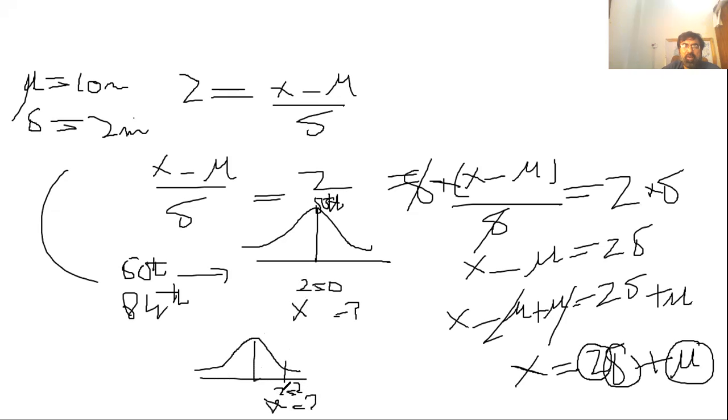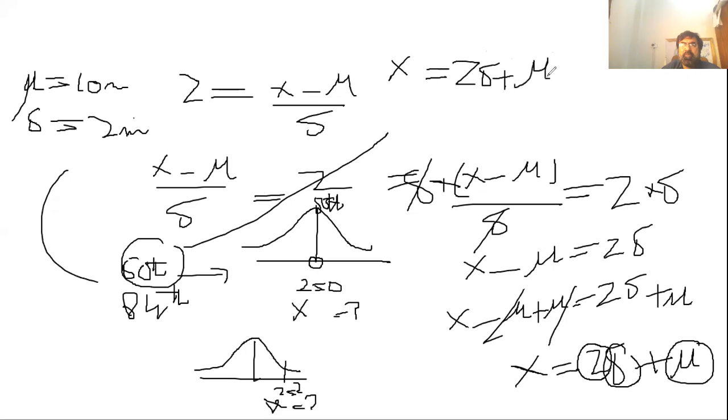So first we have to calculate the z-score. It is understood that on this midline, the z-score is equal to 0. So putting in the formula for the 50th percentile, x is equal to z sigma plus mu.